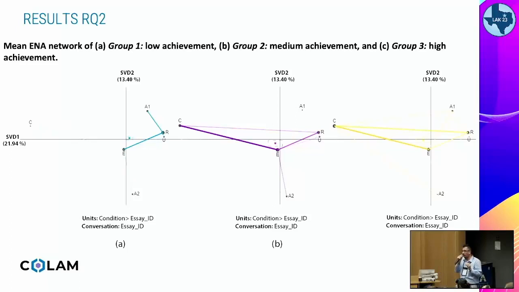The more often 2 categories co-occur in the same essay, the thicker the edge between the 2 of them in the graph. So for example, E standing for evaluate, R for remember. It seems like they tend to co-occur quite often in the essays in the low performing group. But I'll probably show the next slide.